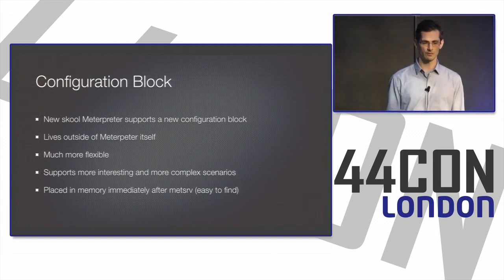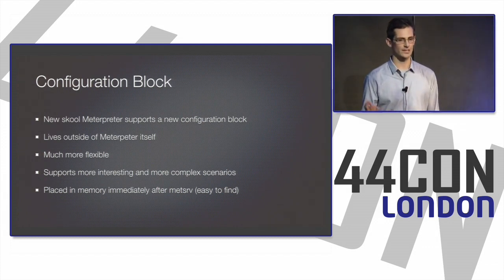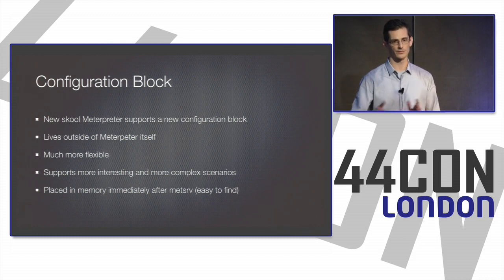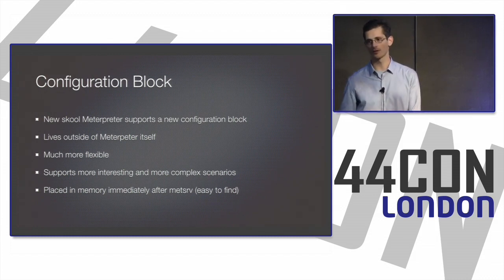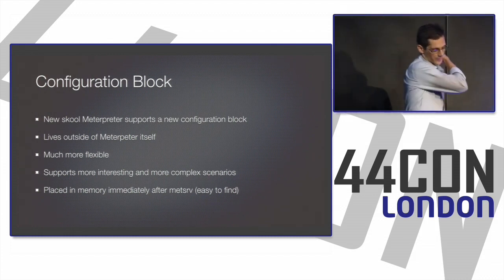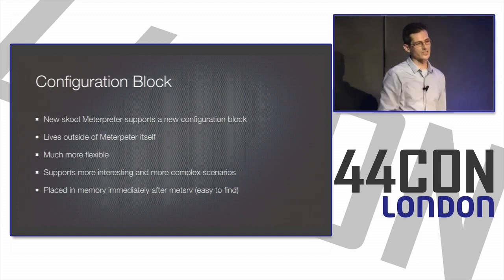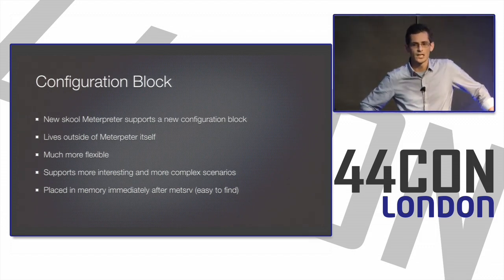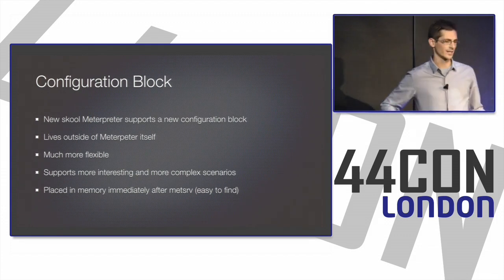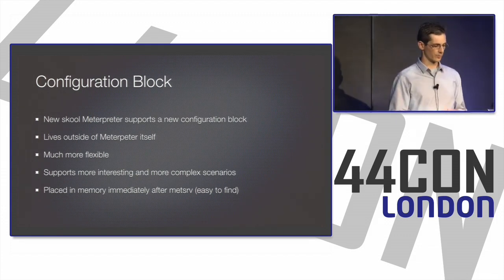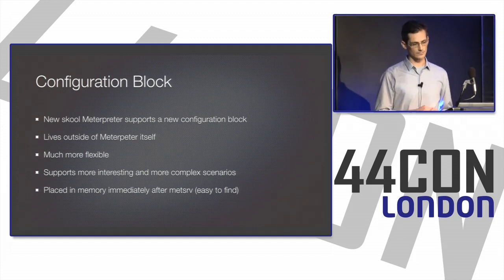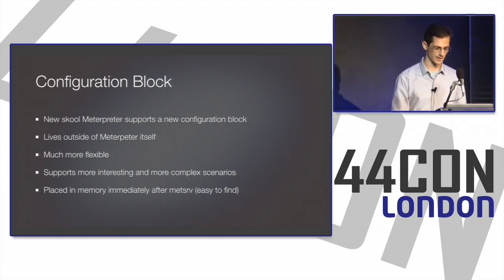So if you use MSFvenom to generate your payloads, you can still only specify one. So that'll be like reverse TCP, LHOST equals whatever, blah, blah, blah. So we're currently trying to come up with a way of exposing that on the command line, but it's not easy to do. Unfortunately, it gets pretty messy pretty quickly, but we'll probably end up with something soon, and I'll await your feedback/hate when that happens.